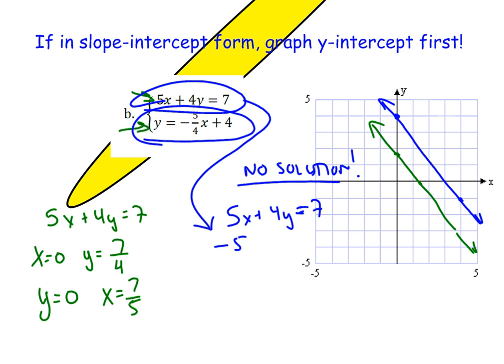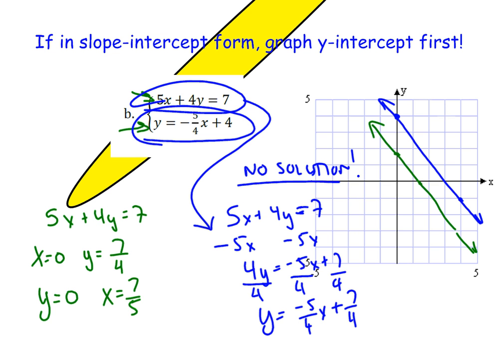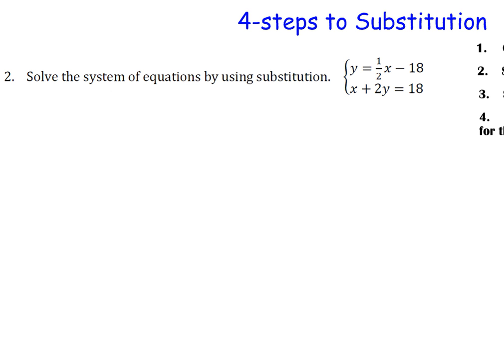If I subtract 5x over, 4y equals negative 5x plus 7. Divide everything by 4: y equals negative 5/4 x plus 7/4. Well, take a look. My slopes are the same. That means they're going to be parallel, which means there's no solution.